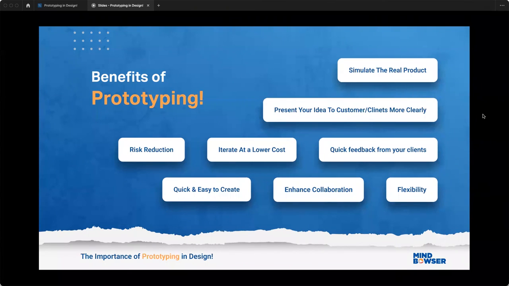Okay, so the next is to enhance collaboration among your team and members internally. Having a prototype is a big thing. Usually in big projects, there are multiple designers and people working on the same project. With the amazing tools we have today, it is very easy to collaborate with your teammates while prototyping, so that they can give their own ideas and views, which is very important and vital for the product, right?